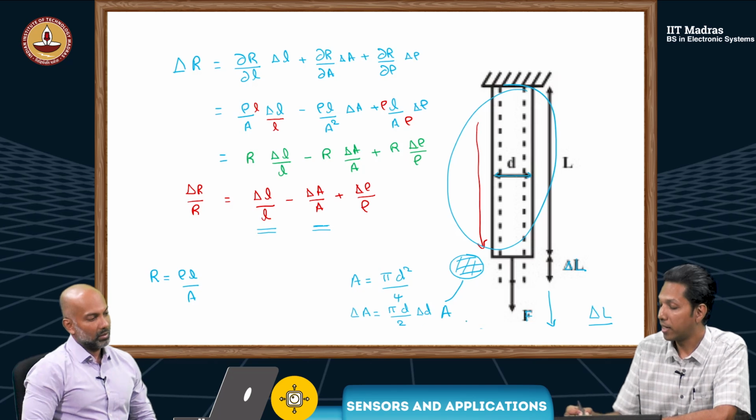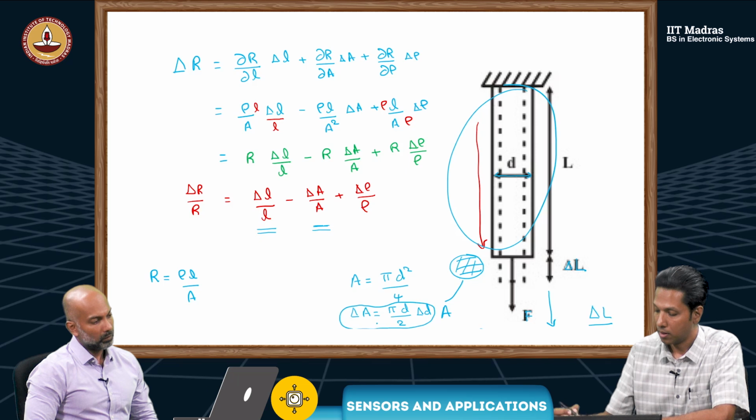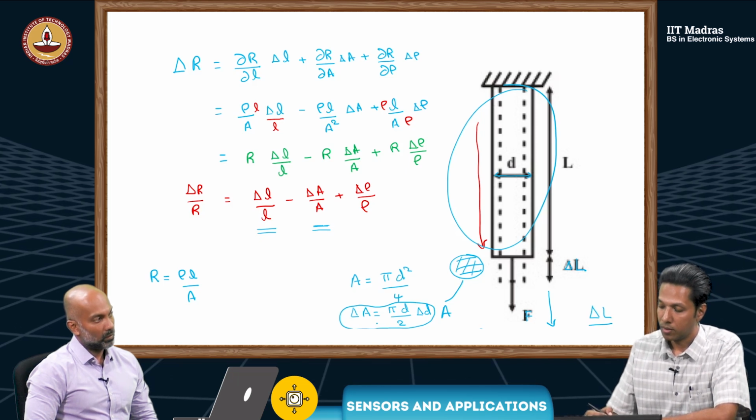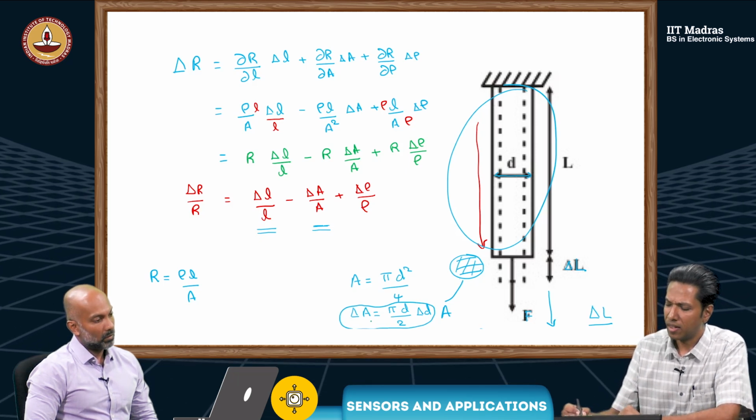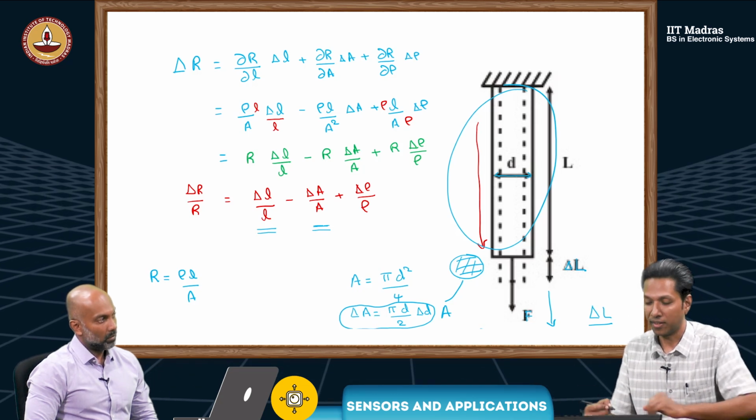Delta A by delta D, that's what we have written. So maybe delta A we could represent using delta D. We will see that.